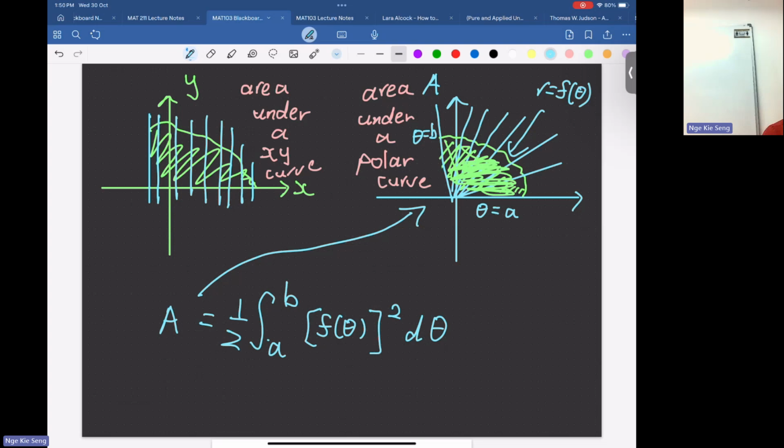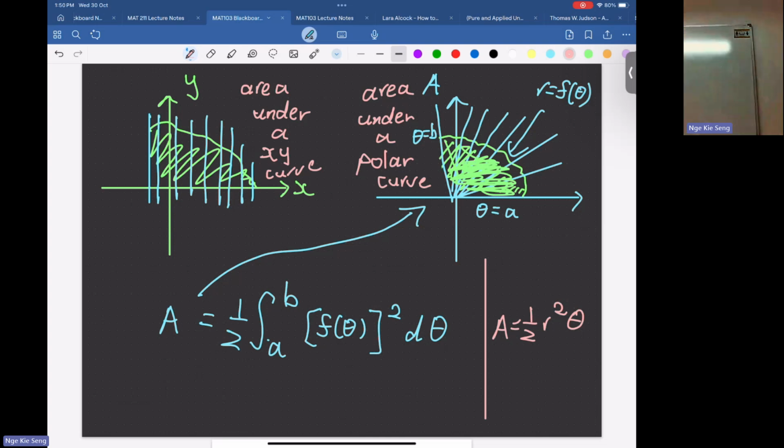So what's the difference with the formula before? Let's write down the formula before: A equals half r squared theta. What you see here is we integrate over theta, because our r depends on theta. And why is there an integration sign here? Remember what I told you last time, how we define this integration sign? It is a limit of some sum.